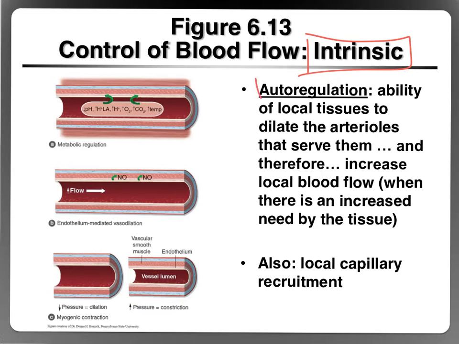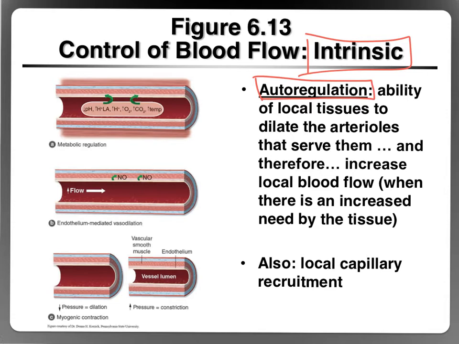And we call that autoregulation. I don't think your book uses that term, but I like the term autoregulation. It's the ability of the local tissues to cause the dilation of their own arterioles and therefore increase blood flow when there is a need for that tissue to have more blood flow.